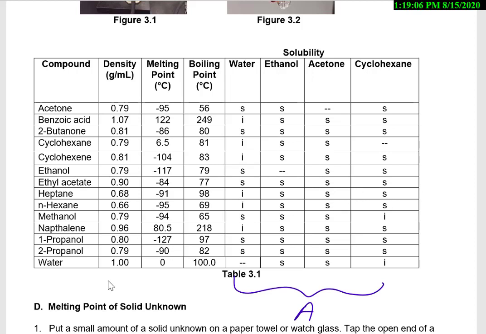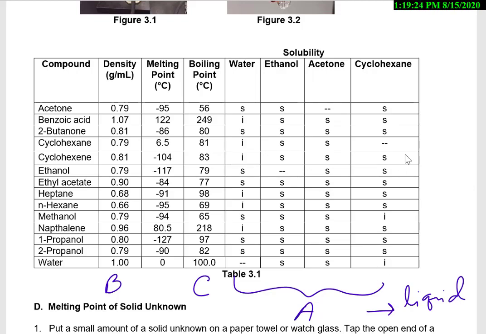Part B will show you the density, and you'll calculate the density. Part C will show you the boiling point. Those 3 will be used to find or identify the liquid unknown.